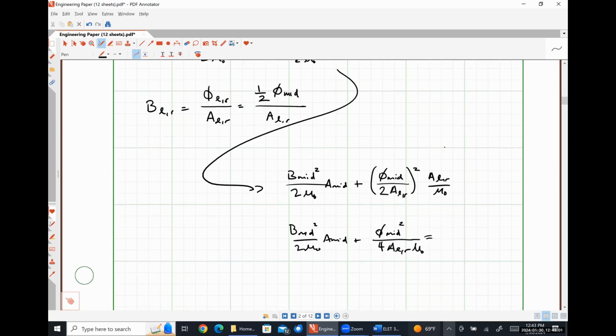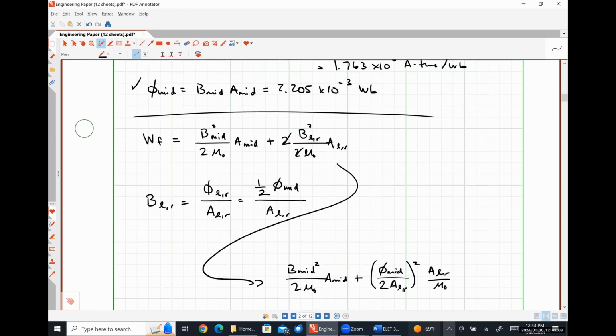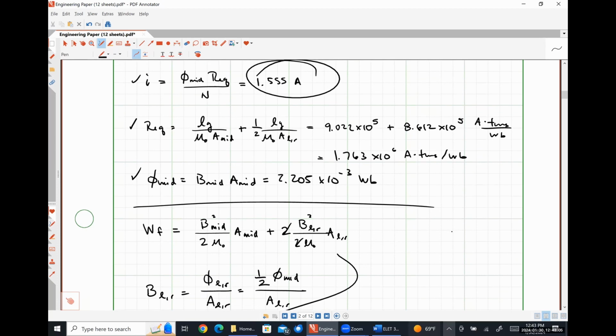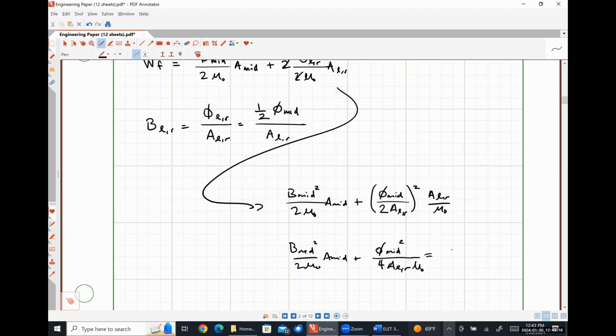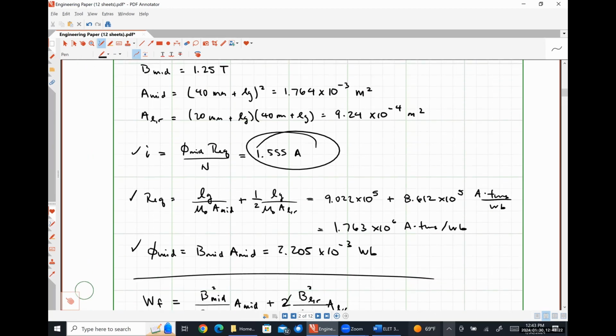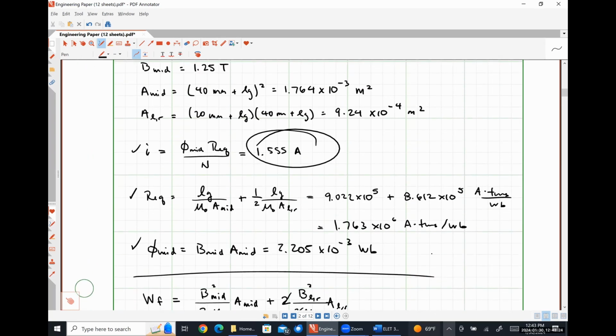And for this guy down here, we have phi mid squared, which was 2.205 times 10 to the minus 3 squared divided by 4 times our area, 9.24 times 10 to the minus 4.